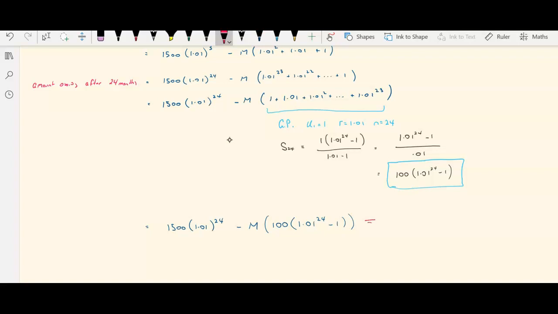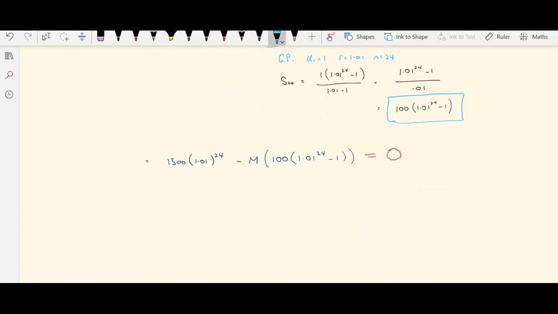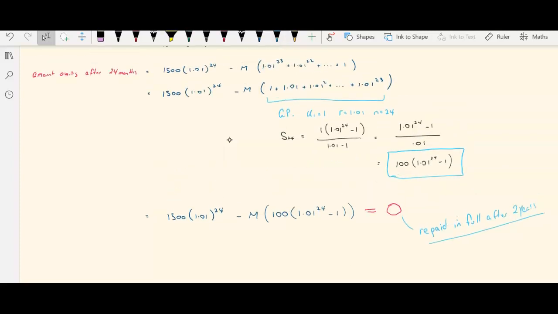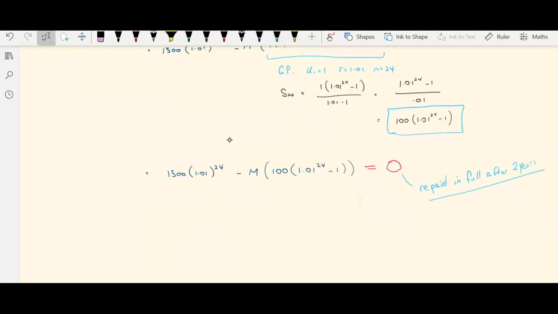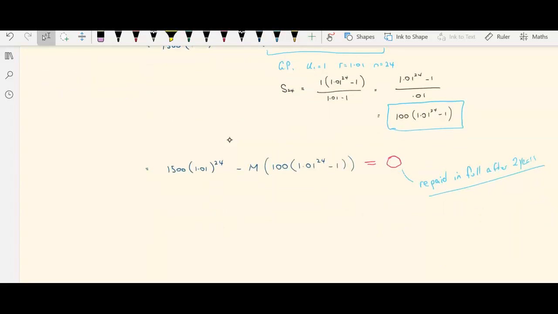I'm going to put that in red because that's super important. Equals 0. Has to be repaid. All right, repaid in full after 2 years. They're the terms of the loan. So this is what we are challenged here to do. We're here to find M such that this statement here will come to 0 after 24 months.